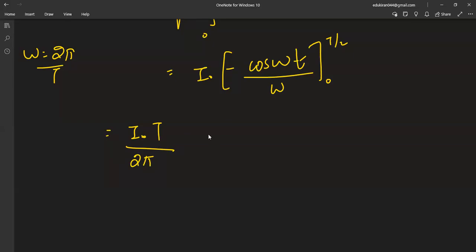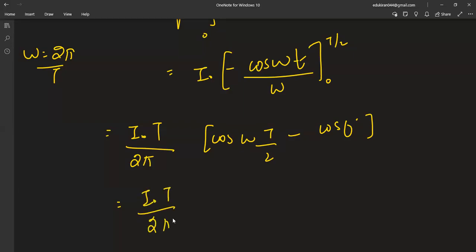And let us put in the values: cos omega T by 2 minus cos 0 degree. Cos 0 degree will become 1. So I naught T by 2 pi.